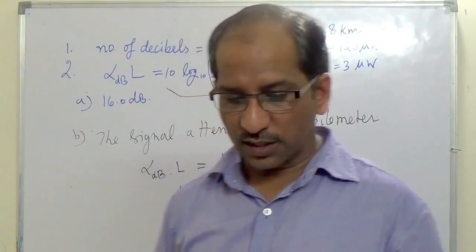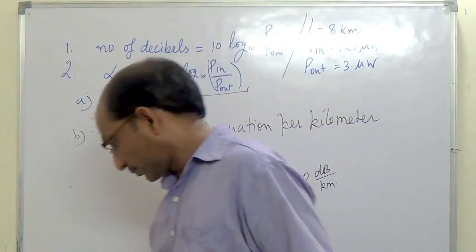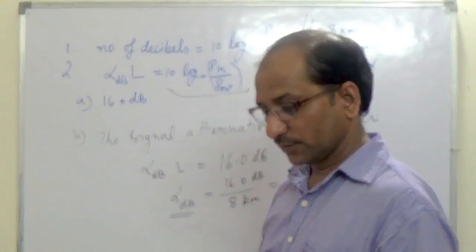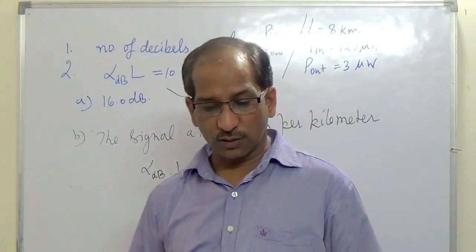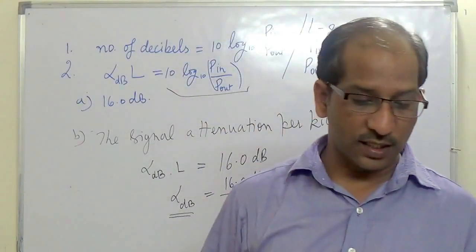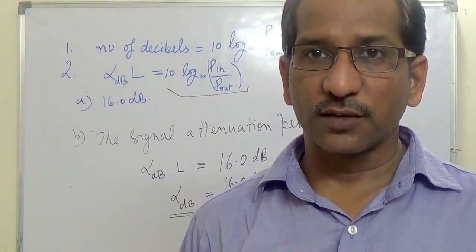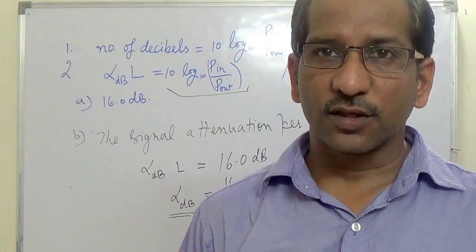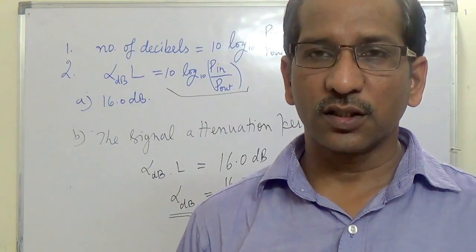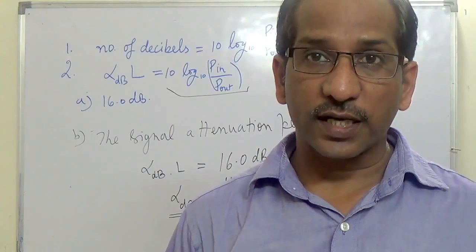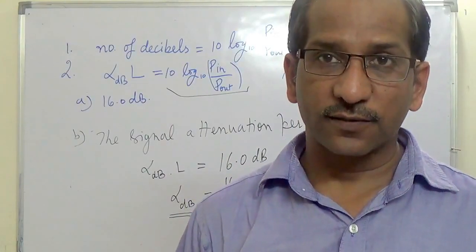Now the third part, and the third part is a little bit tricky, where the question statement says we have to find out the overall signal attenuation for a 10 km optical link.